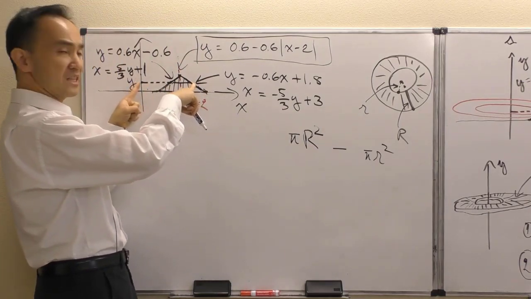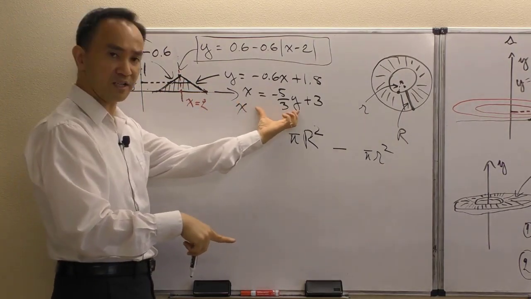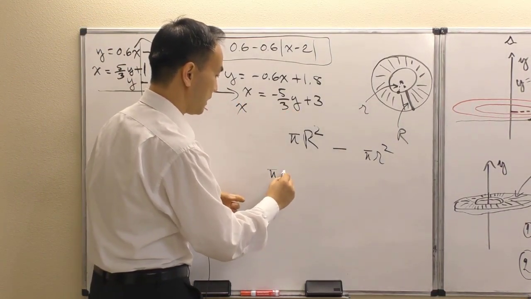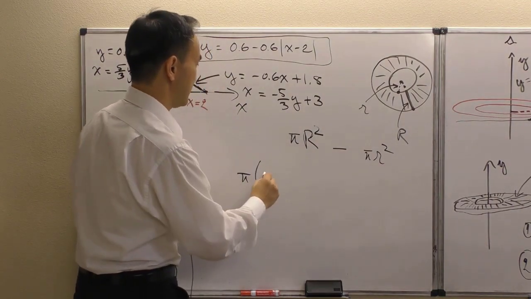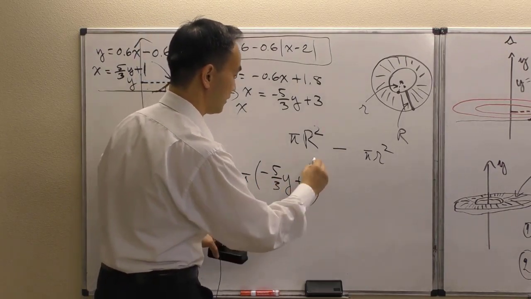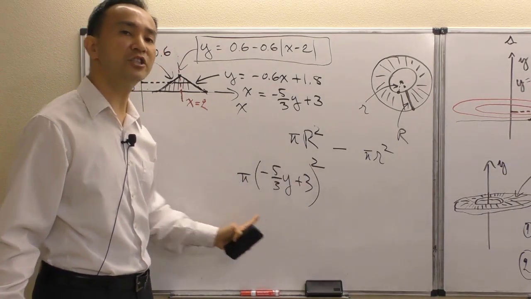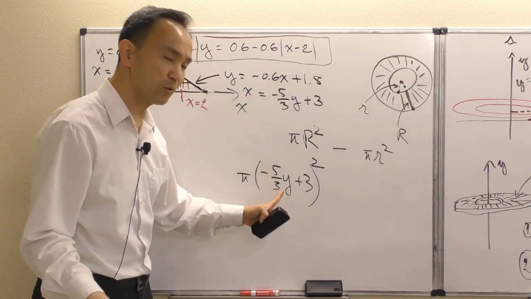So at any y value, the length of that radius is determined by this function in terms of y. So now I'm looking at pi times minus 5/3 y plus 3, all squared. That's, ladies and gentlemen, the area of my larger circle, expressed completely in terms of the y variable.